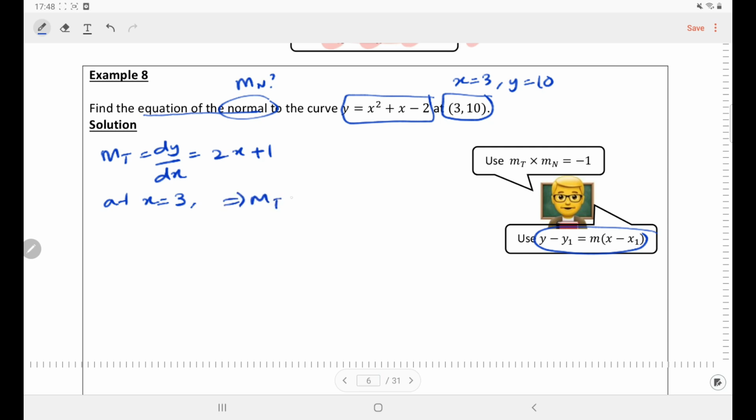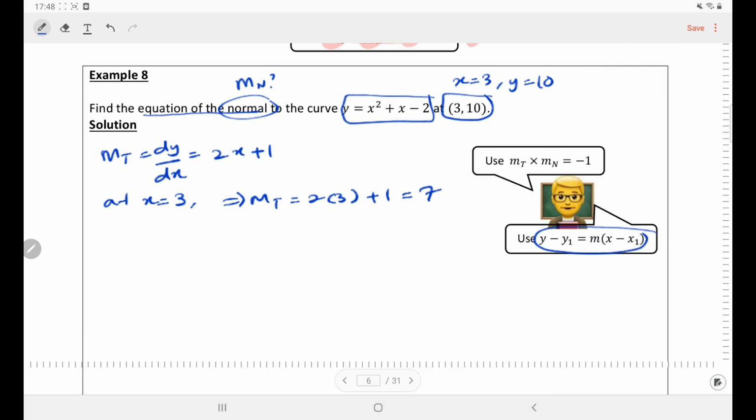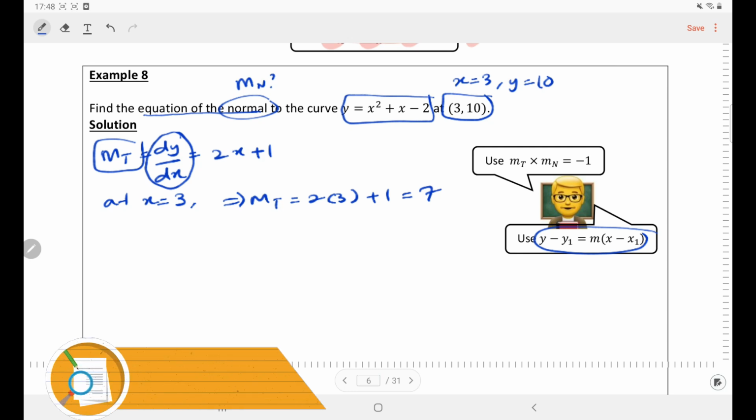Our mt is equal to... Okay, sub lah, masukkan dia kat situ. Kita akan dapat 7. So this is not the gradient of normal yet. This is gradient of a tangent. Tolong ingat sebab kita dapat dia daripada dy dx. Dia adalah mt, belum lagi mn.